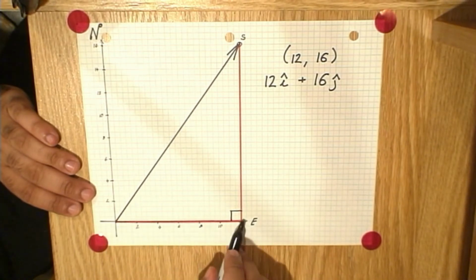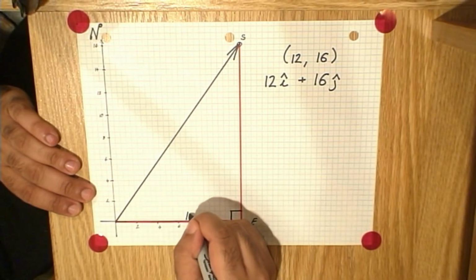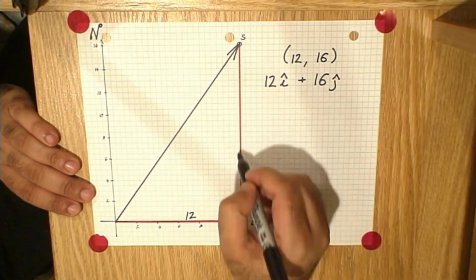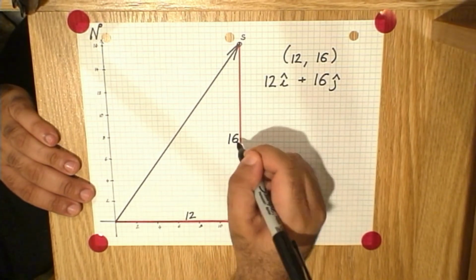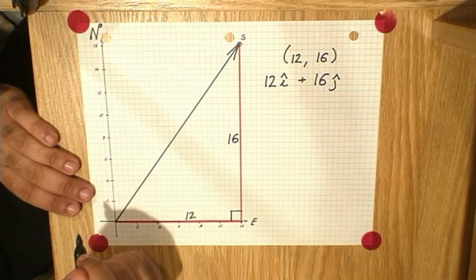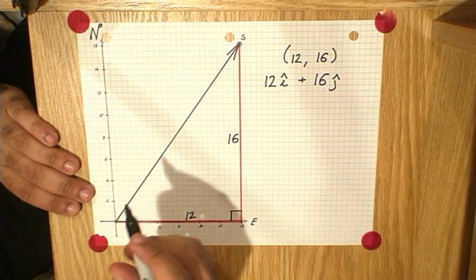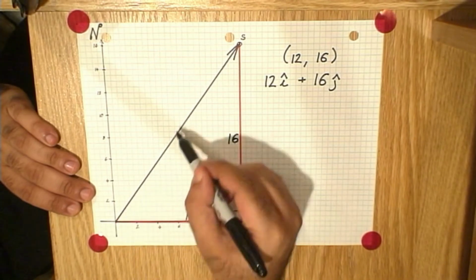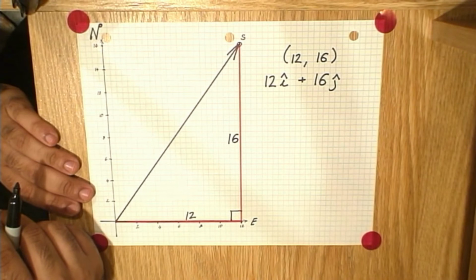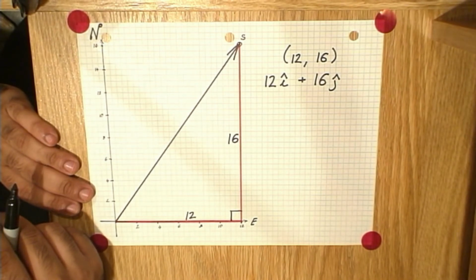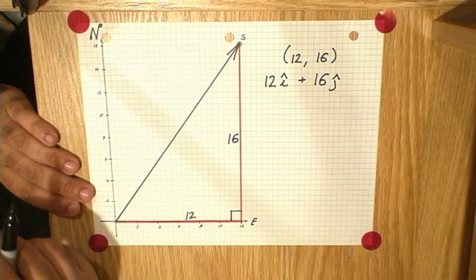What is the length of this side? 12. And what is the length of this vertical side? 16. So all we have to do is find out the length of this last side. And as you probably guessed, the easiest way to do that is using the Pythagorean theorem.